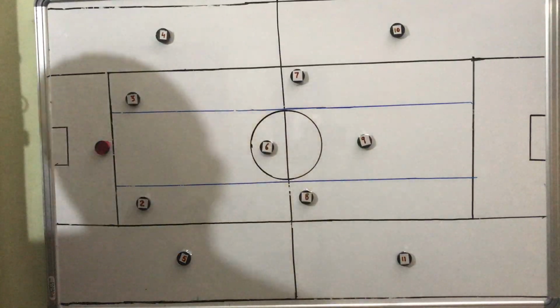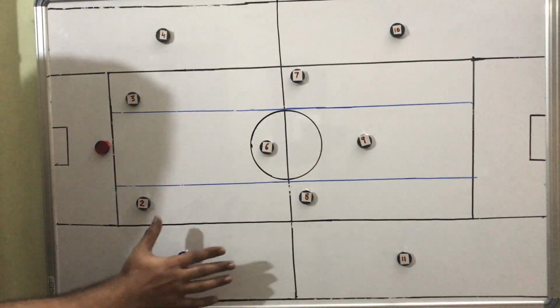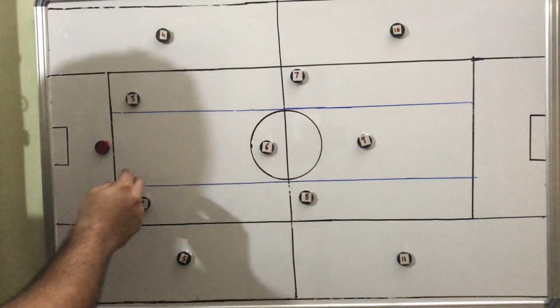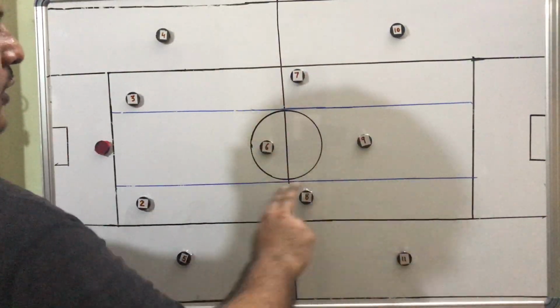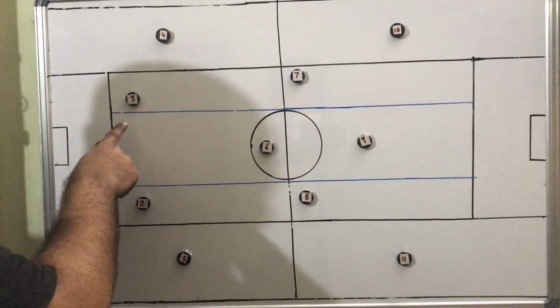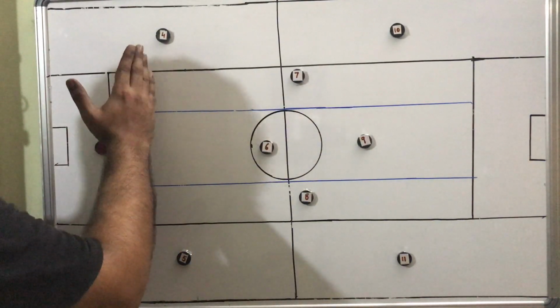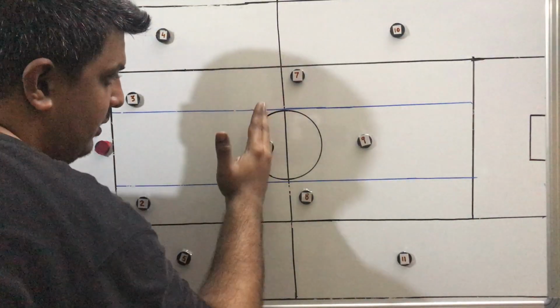We have 2 players on every channel, if you look at it, right? And the job of these players is obviously to move across the channels as and when required, including the center backs. Yes, including the center backs. So it's not just always that the center back has to play only up to the defensive third and maybe not to the midfield third.